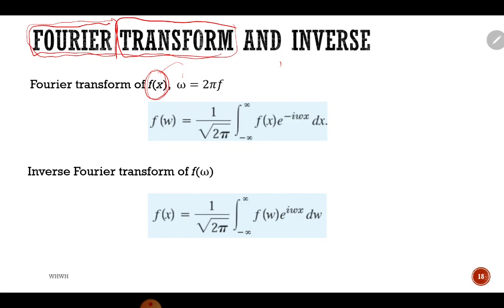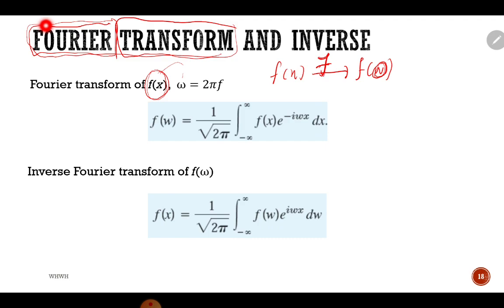So what does Fourier transform mean? We have a function f(x), and when you transform it, we use this symbol F, and we will get the function in omega, indicating that we have transformed it using Fourier transform.